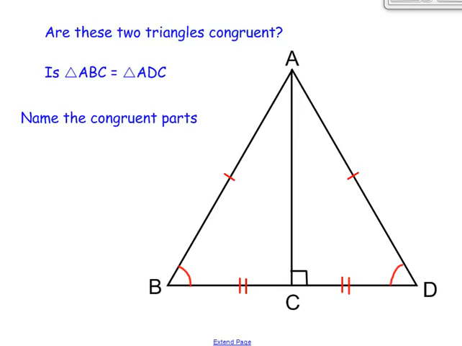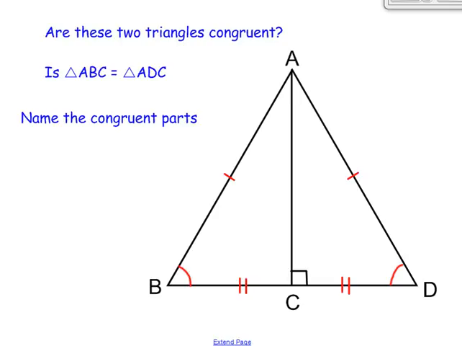Okay, let's look at an example here. Here are two triangles that share a side. Okay, and if we look at this triangle, several things we note. First of all, we see that the hypotenuse on each of the triangles is congruent to the other. We've got a little congruent tick there, so that tells us those two hypotenuses are congruent. We know the bases of both triangles are congruent because we've labeled them as congruent.